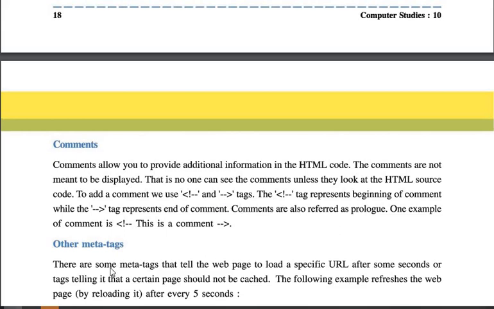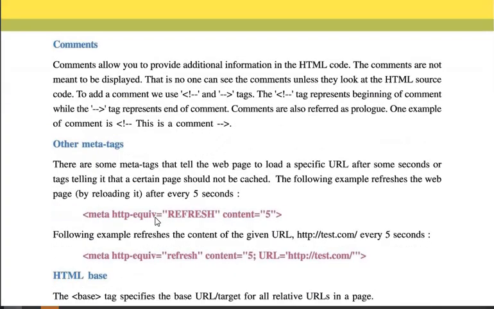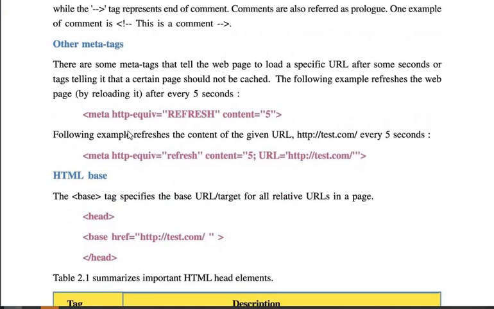Clear all of you? Now other meta tags. First of all is meta http-equiv refresh content 5. Now what is this? If you want to refresh your page, you use F5, but this meta tag allows us to refresh it, and content 5 means that every 5 seconds it will refresh the page.